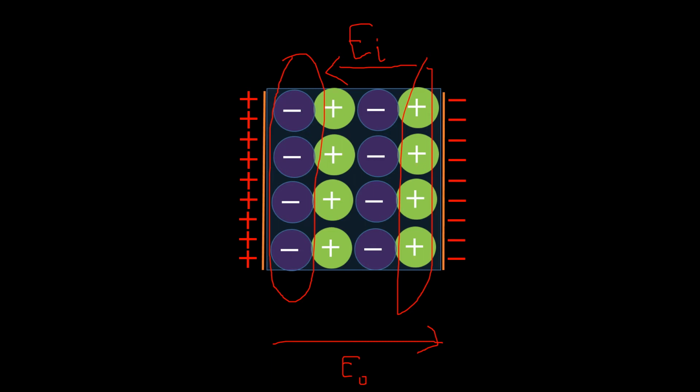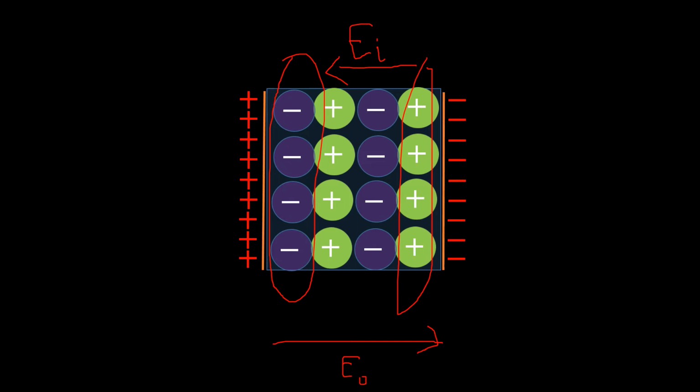Now, this is where dielectric differs from insulator. When dielectric is producing its own electric field, we can say that dielectric is storing energy inside it because the separation is the result of external electric field. More the separation, more the energy inside the dielectric, which is not happening in case of insulator.